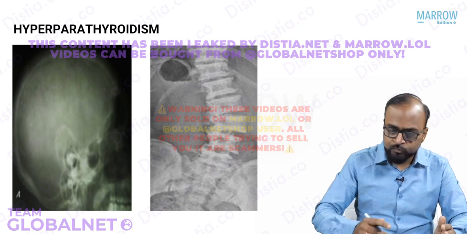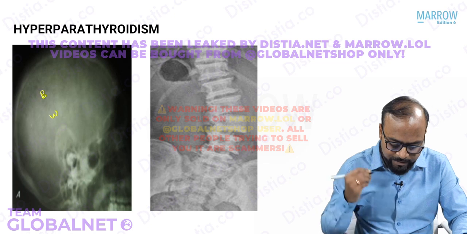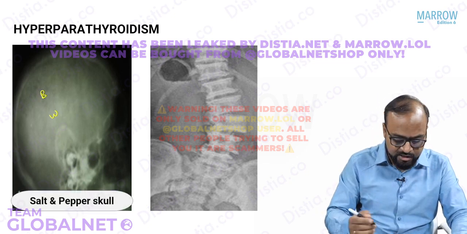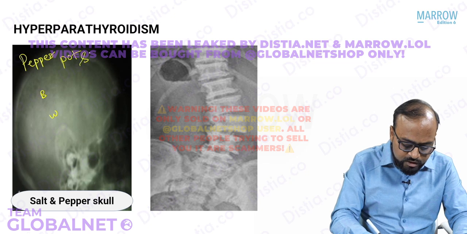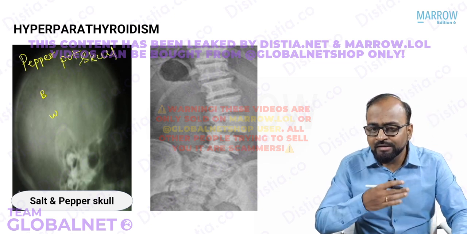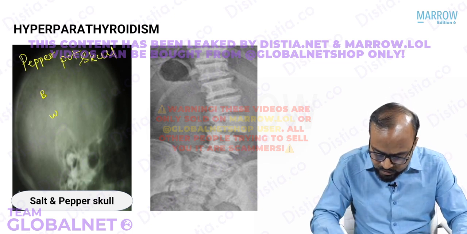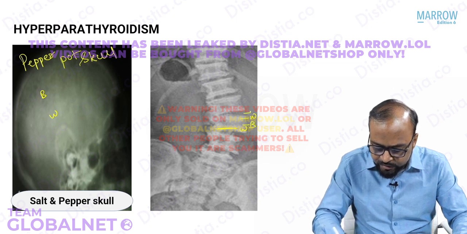Now, if you look at the skull, there's no focal lytic lesion, but some areas are appearing white, some areas are appearing black. This white and black appearance is called the salt and pepper skull. This is also sometimes called the pepper pot skull, right? Then there is a striped appearance which is created along the spine where you see that there is a white band, there is a black band, there is a white band, black band.